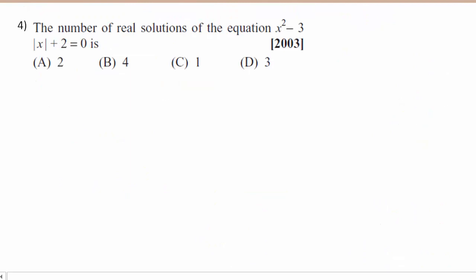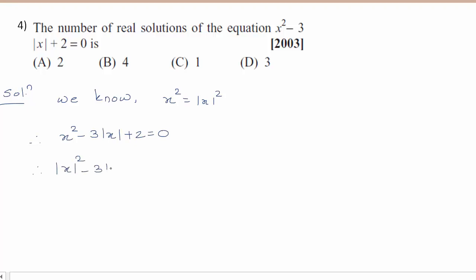Okay, question 4, the number of real solutions of the equation x square minus 3 mod of x plus 2 equal to 0 is. So here we can use one property that x square can be written as mod of x the whole square. So the given quadratic equation can be written as mod of x the whole square minus 3 mod of x plus 2 equal to 0.